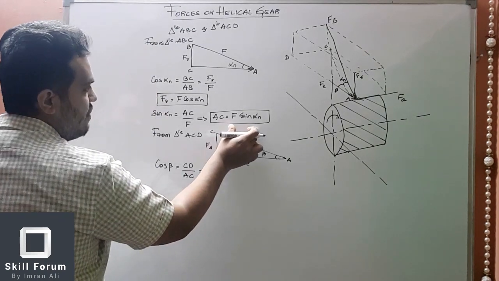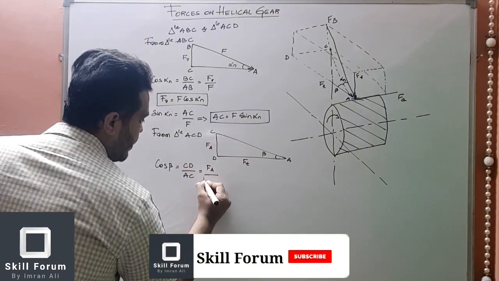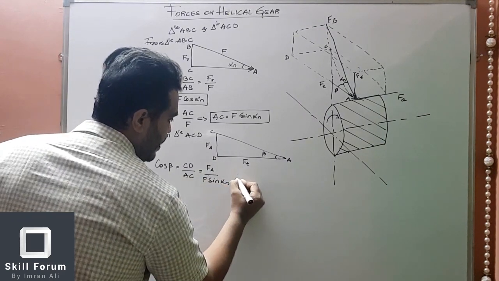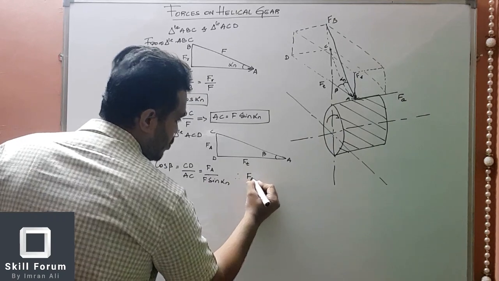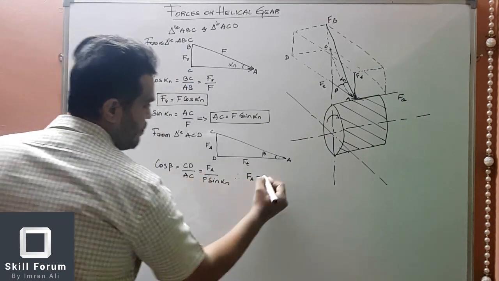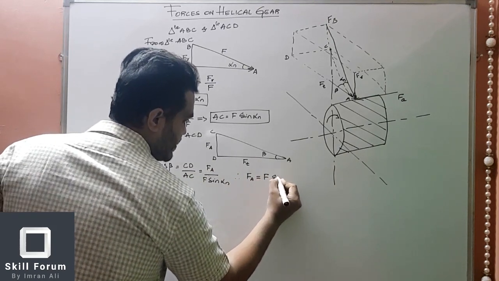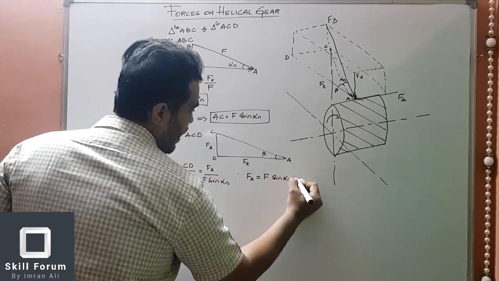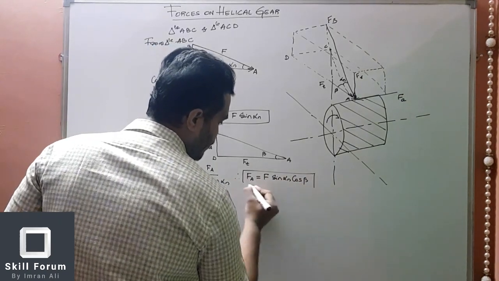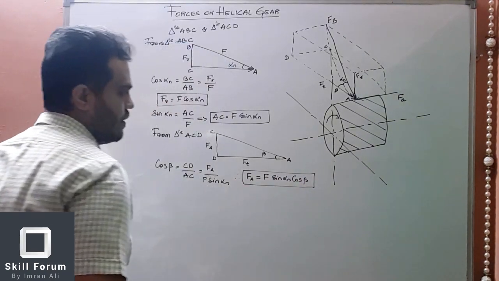AC already we have here, right? F sin alpha n. So that we will get axial force, that is FA is equal to F sin alpha n into cos beta. This is the equation of axial force, right?